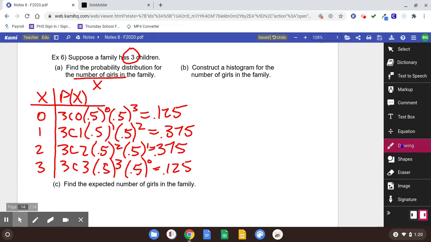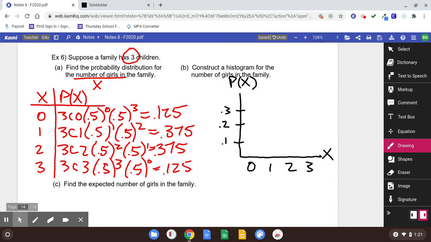Histogram. I'm going to go 0.1, 0.2, 0.3, 0.4. That was 0.125. 0.375.